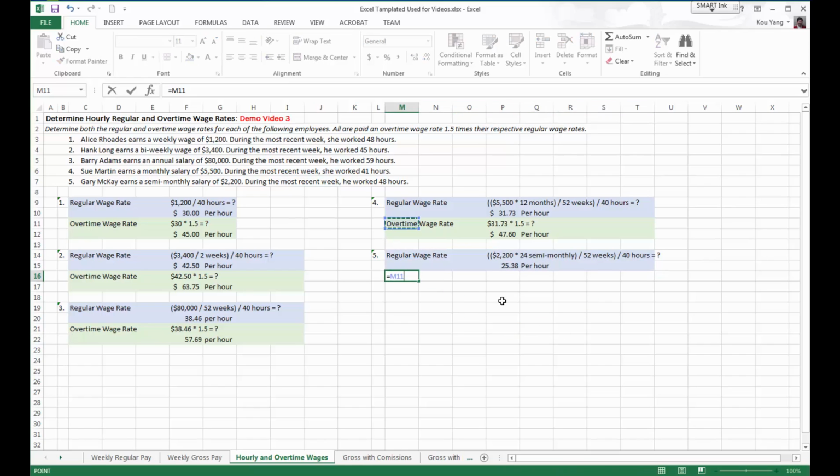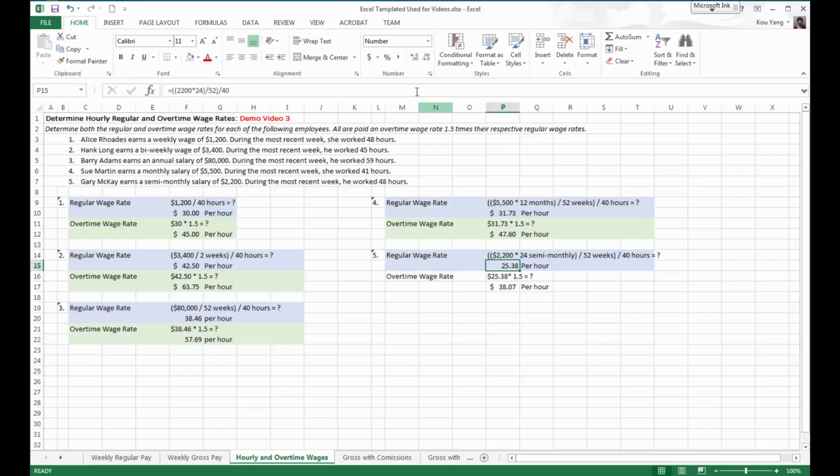For his overtime rate, same concept. We're going to take the $25.38 times the 1.5 to equal his overtime rate of $38.07.